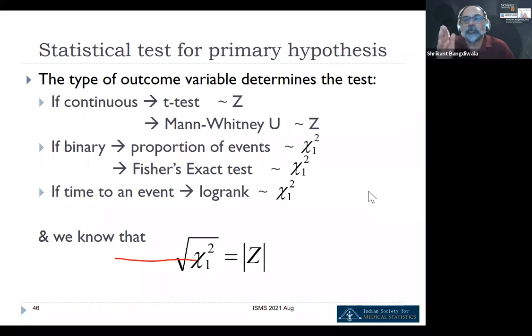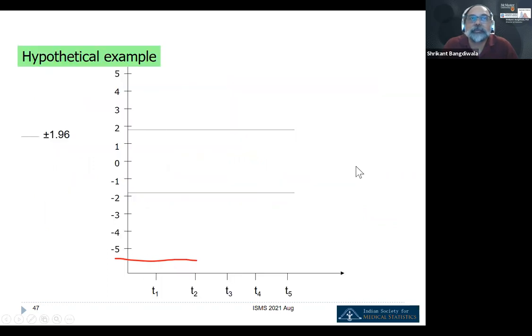They start at year 1, and so 12 months, 18 months, 24 months, 30 months, and then finally at 36 months, they will do the final analysis. So they have a final analysis and 4 interim analyses. So suppose this hypothetical example took place. I have these 4 interim analyses at times T1, T2, T3, T4, and I have the final one at T5. So we're doing it at the 0.05 level.